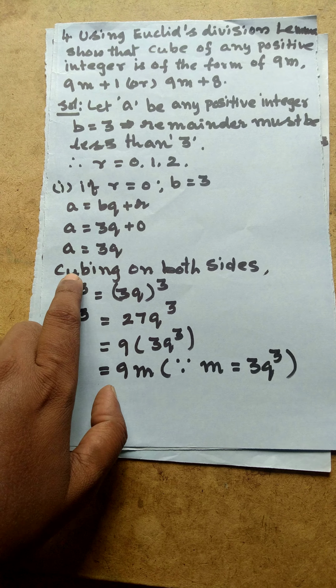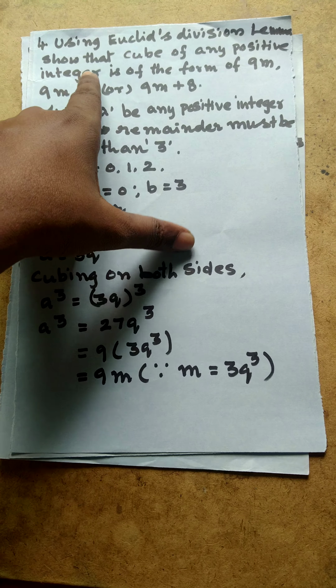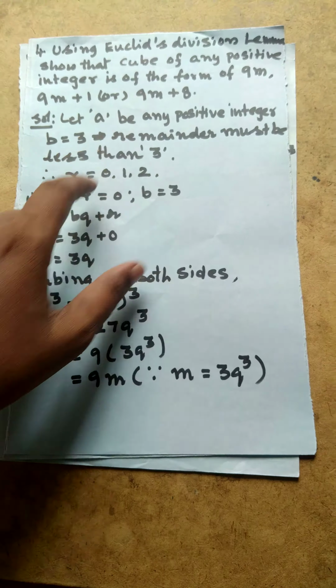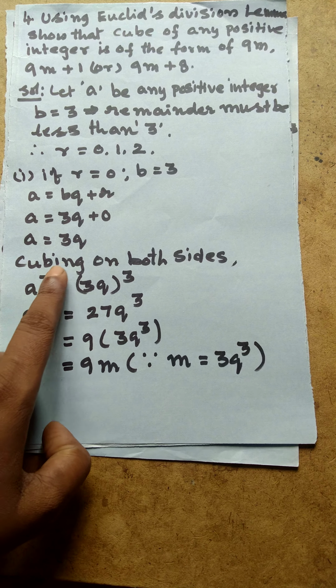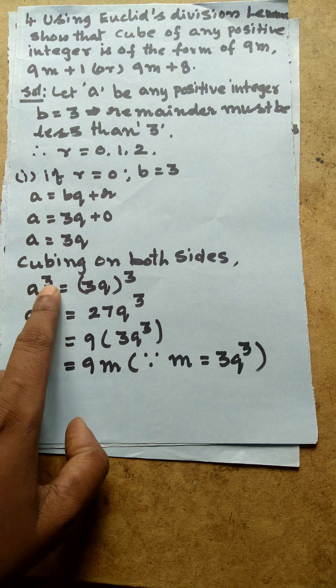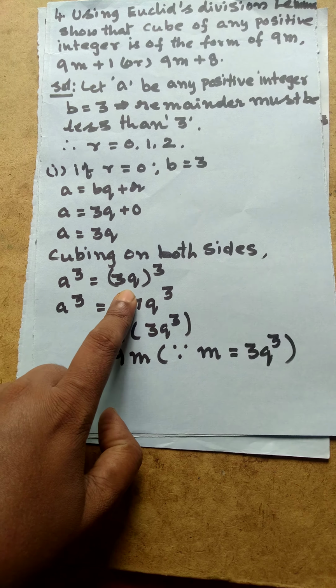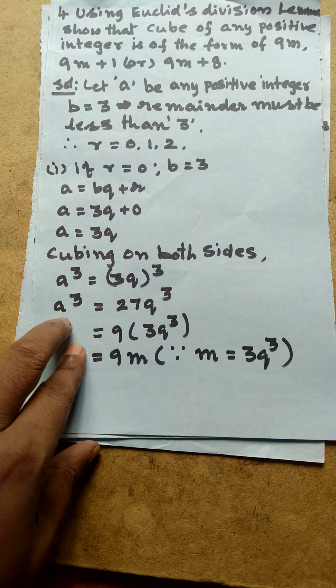A equal to 3q. Cubing on both sides. Why are we cubing? In the question it is given, show that the cube of any positive integer, so that is why we are cubing on both sides. So a cube is 3q whole cube, 3q into 3q into 3q. 3 threes are 9, 9 threes are 27, so 27q cube.